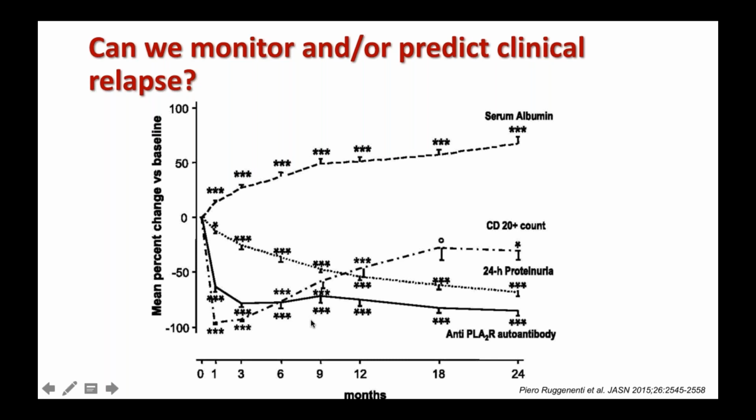Please note that the CD20 count starts to recover after between 3 and 6 months, and slowly it comes back, and it comes back to more or less baseline after about 1 to 1.5 years. So this is something which is important for us to remember. And finally, serum albumin improves as the proteinuria declines.